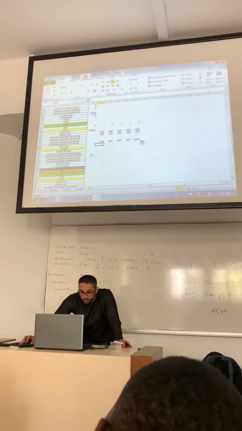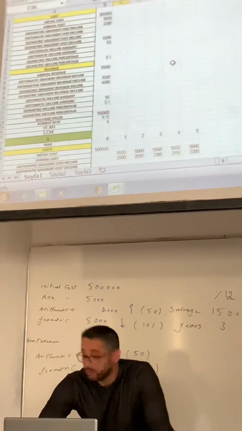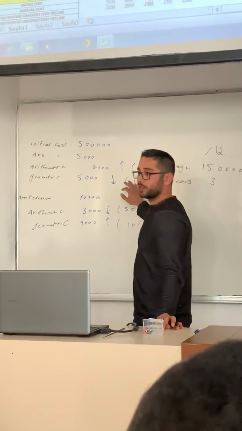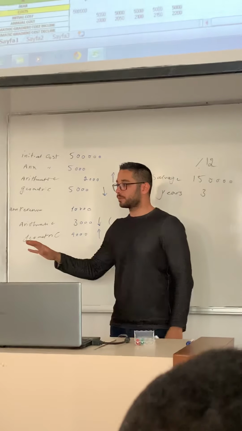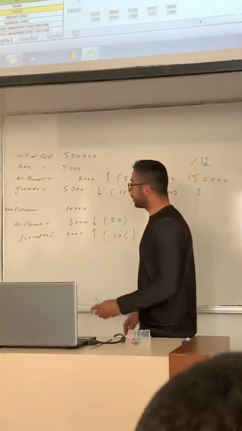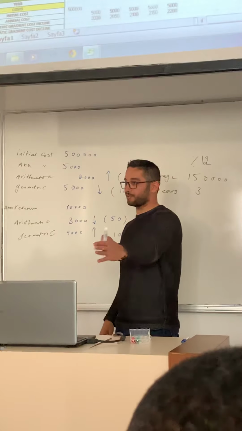So total cost. Now what we do is we covered all the possible costs that we have here. In your exam, it could be different costs, different types of costs. But it's not going to be something out of the sheet that we have.